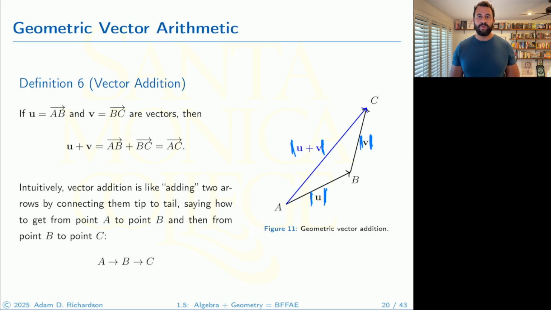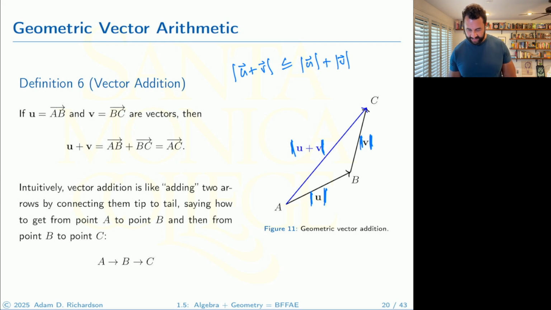And so what the triangle inequality is saying, or if you don't remember it, it says this. It says the length of u plus v is always less than or equal to the length of u plus the length of v. And it's really easy to see geometrically now, right?